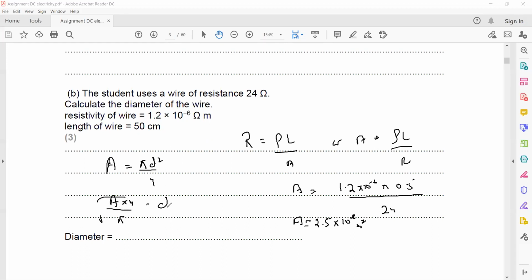So 2.5 × 10^-8 multiplied by 4 divided by 3.14, in a root, gives the diameter of this wire, which is 1.78 × 10^-4. So with the direct formula, you just substitute and get the answer.